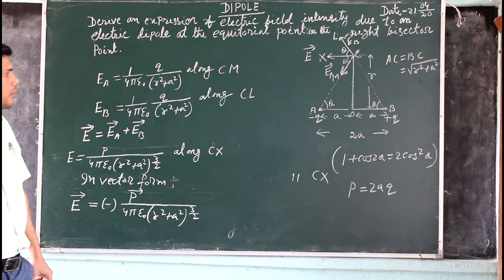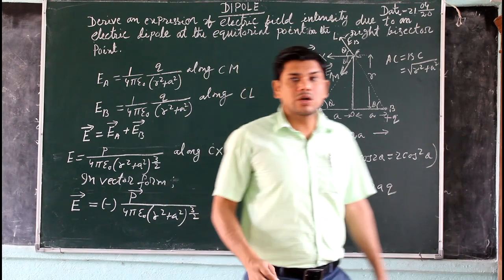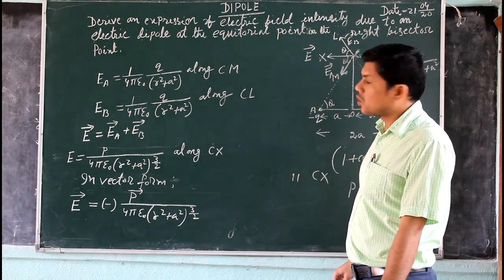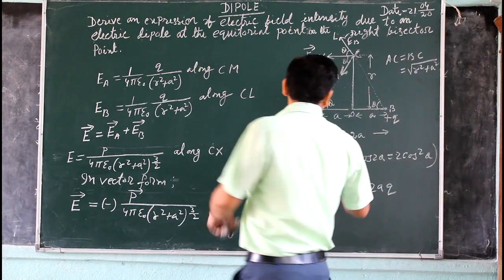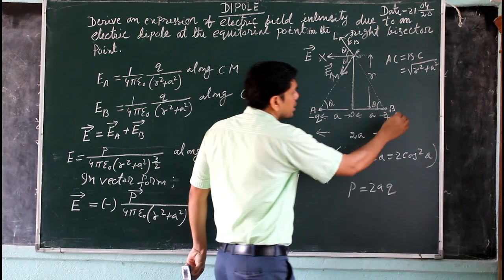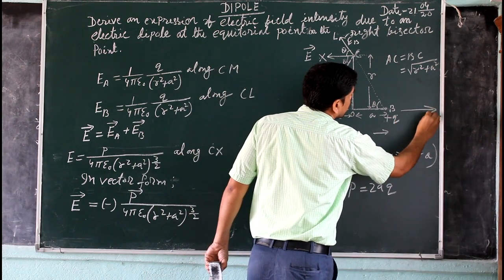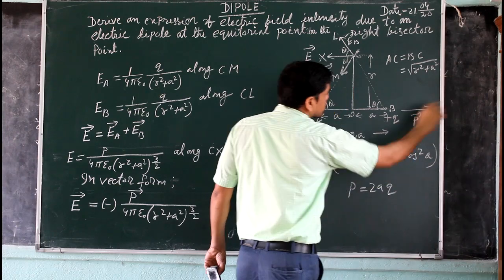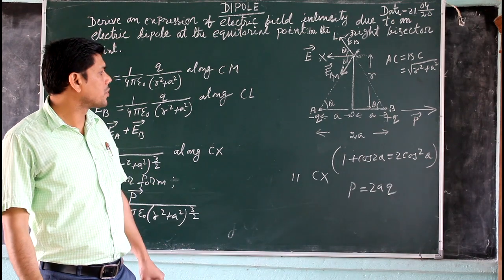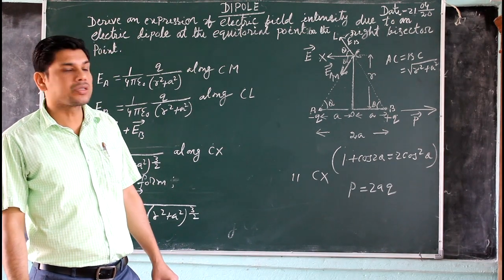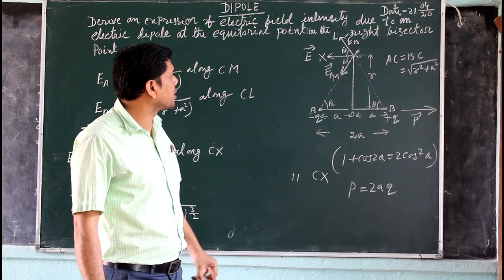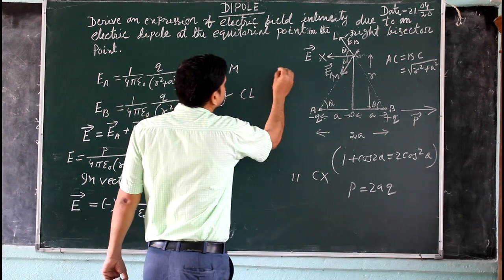Last lecture I told you that dipole moment is a vector quantity and its direction is always from minus q charge to plus q charge. It means here the direction of this dipole moment is from A to B. And in this figure we have seen that the direction of the resultant electric field is along this direction.